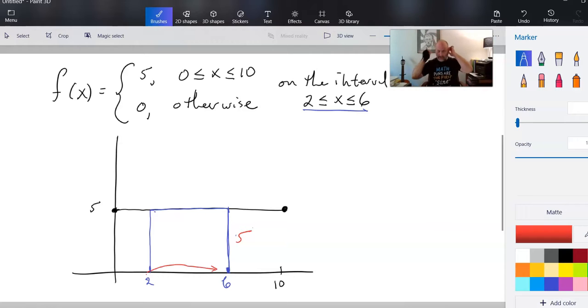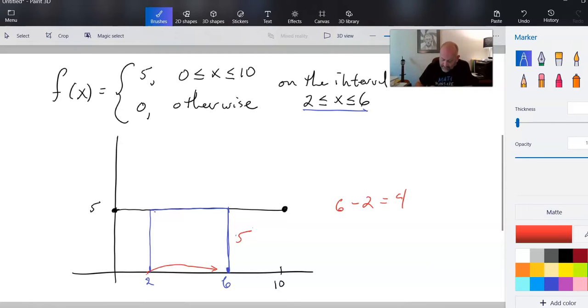This is how this always works out. If you want to know how far apart two values are on a particular number line, in this case the x-axis, you subtract the two values. You can probably see that it's 4 in your head just by looking at it, but the operation you're doing is 6 minus 2 is equal to 4.